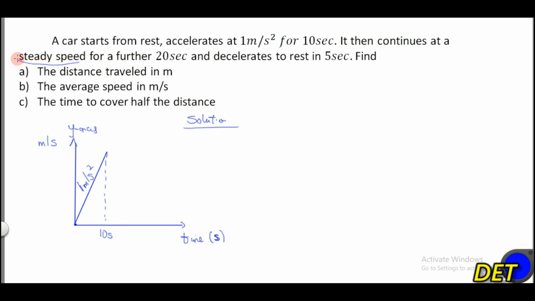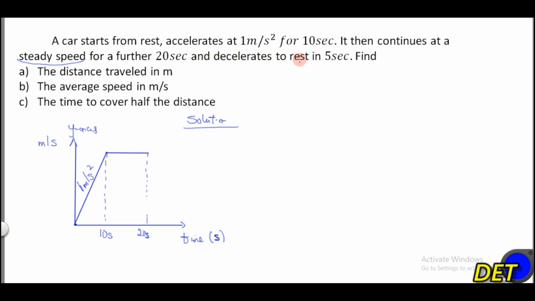Steady speed simply means uniform speed or uniform velocity. So from here to here is 20 seconds, continuing with that steady speed, which is uniform velocity.